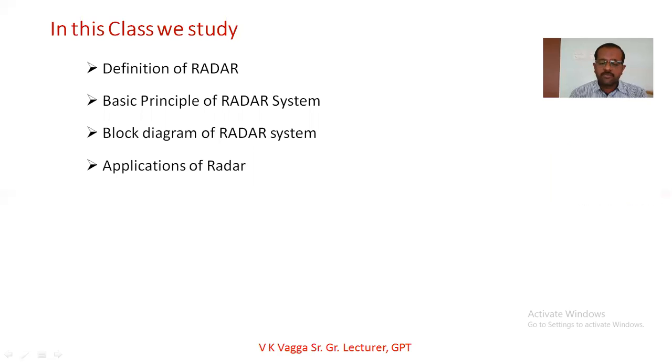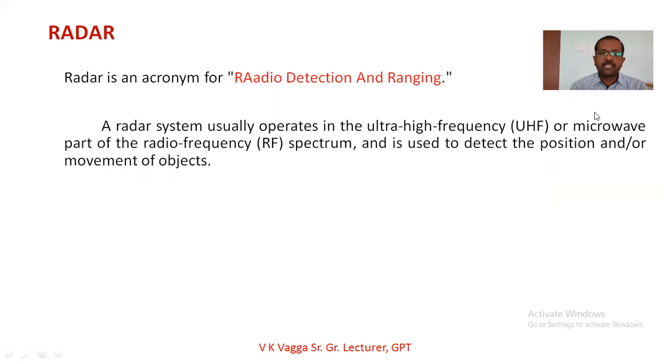If you take the definition of the radar, radar is an acronym for radio detection and ranging. The first two letters RA stand for radio. D indicates detection, which means identifying. A, and R indicates range.